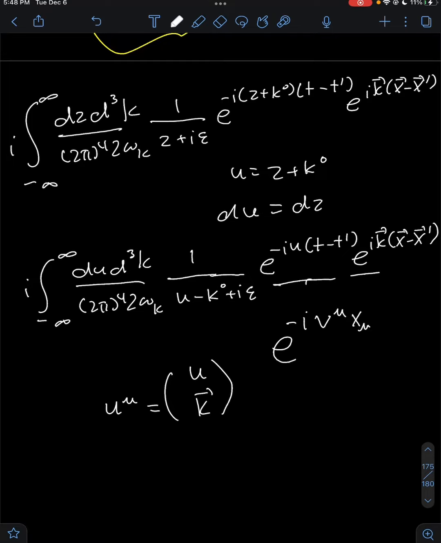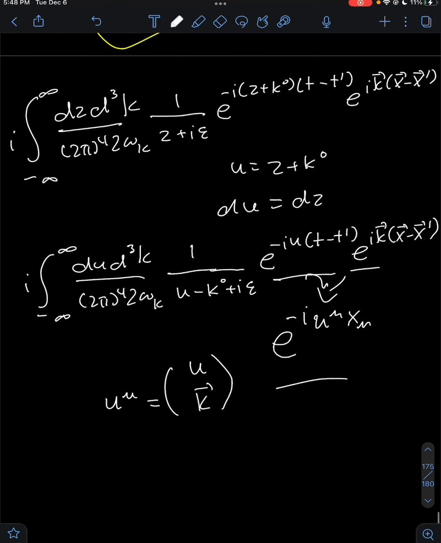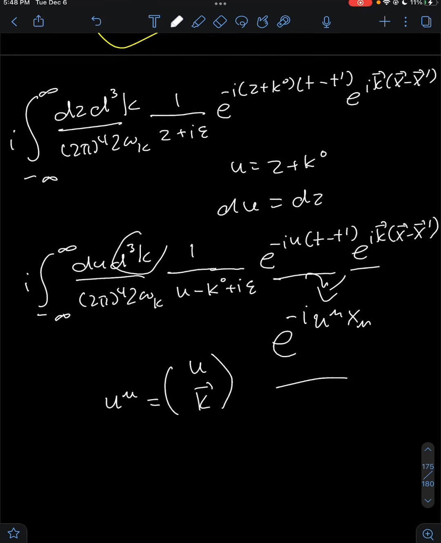We could combine these exponentials together to get one big exponential, e to the minus i u_mu x^mu. But the problem is that we are still integrating over d3k and then du. So it gets a bit confusing.